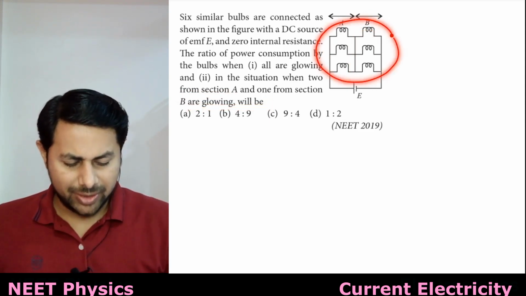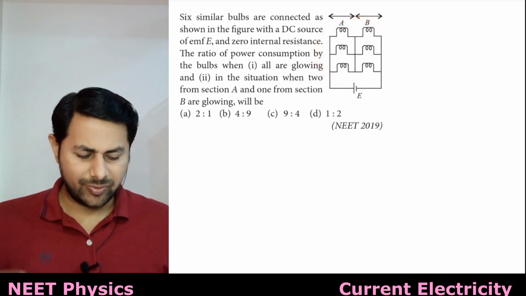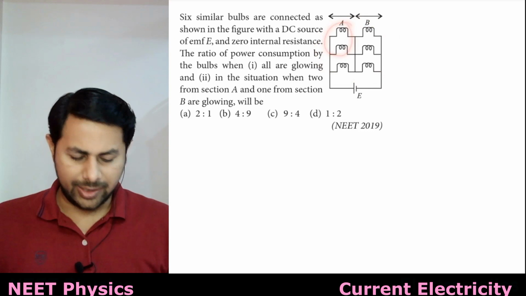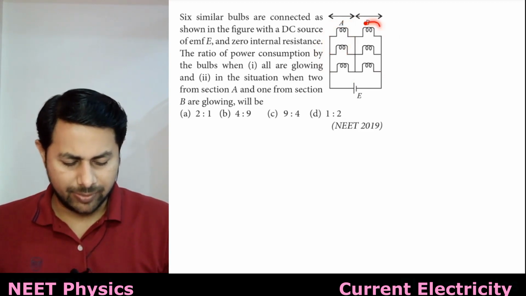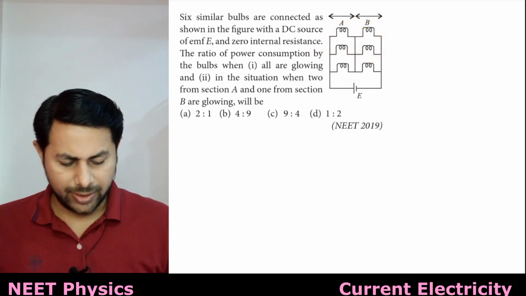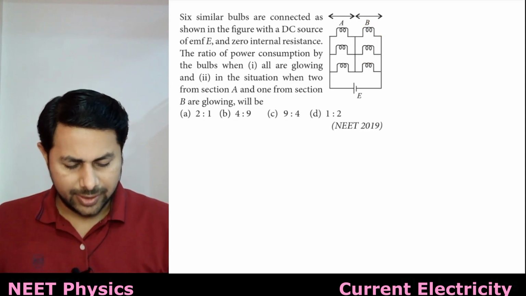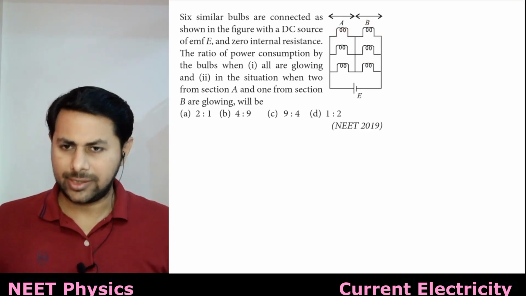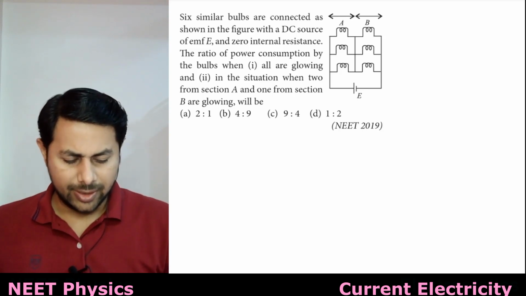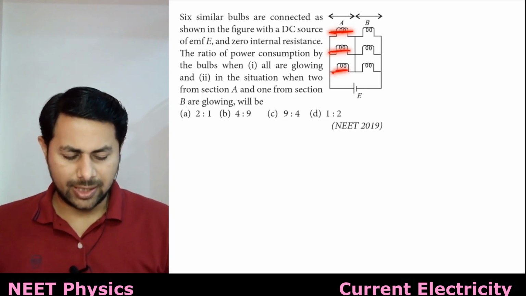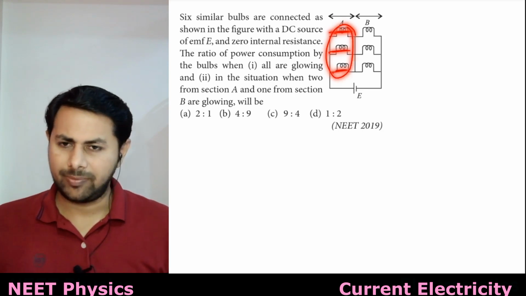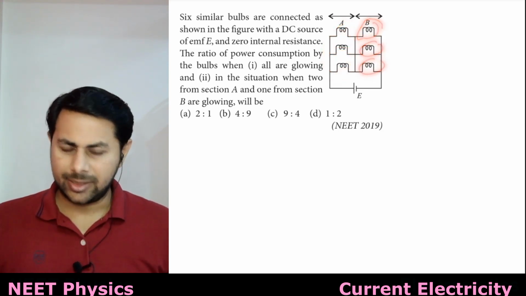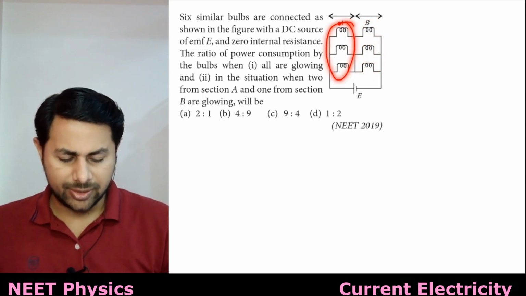So what is the power dissipated in the first case versus the second case, where just 2 of these are glowing and 1 from these is glowing? In the first case we'll just replace the bulbs by the resistance of the bulb. So this is R, this is R, this is R, these three are connected in parallel. This is again R, R, R, connected in parallel. So what will be the resistance of this section?